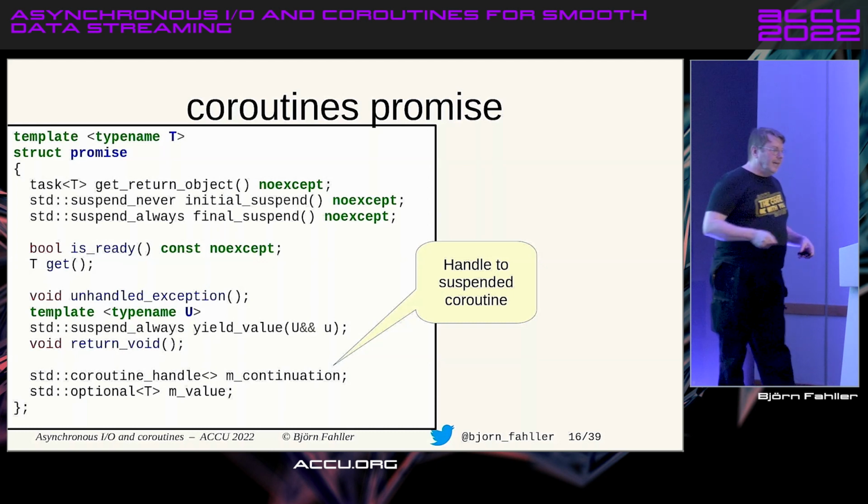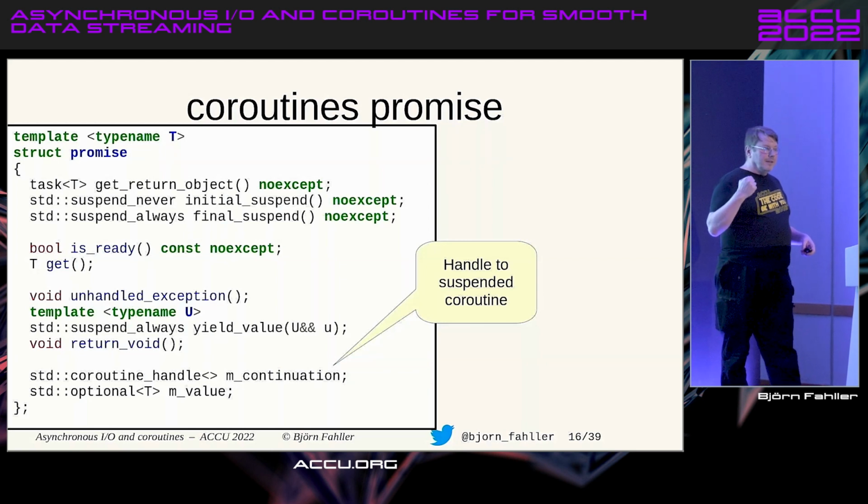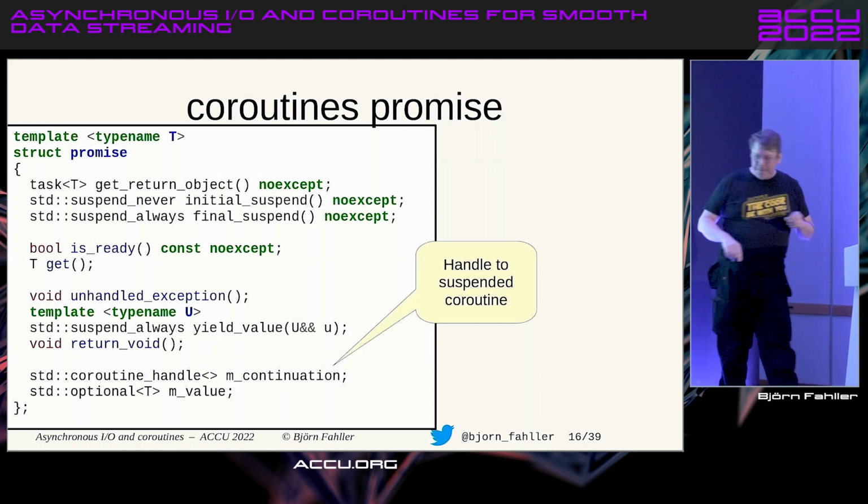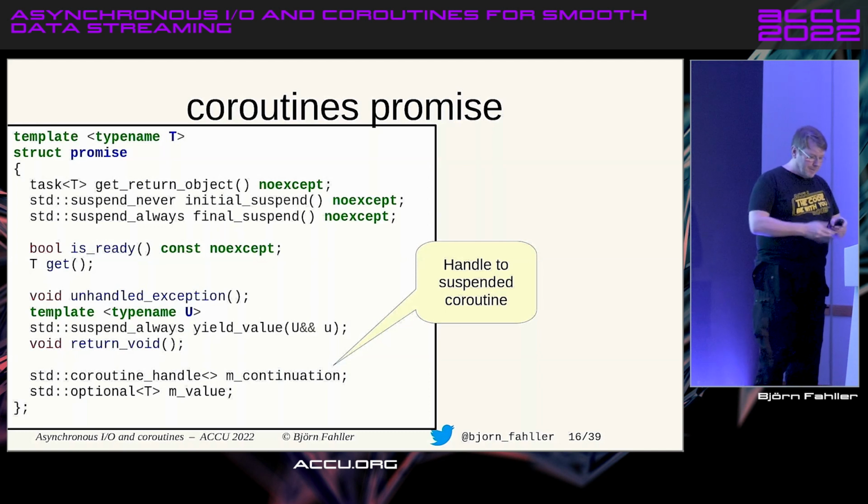Good. You may now get the idea that you don't actually have to put this in the promise type. You can have these continuations elsewhere in some cooperative scheduler. I'm sure people will do that. I'm also sure people will create messes of that, but it can probably be really cool if you know what you're doing.